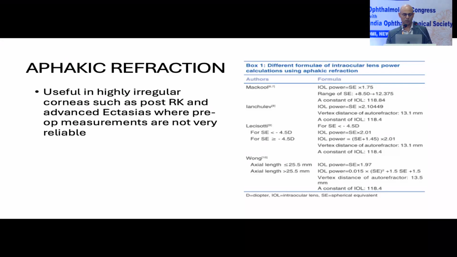Finally, as Dr. Vinita had mentioned earlier, whenever in doubt, do an aphakic refraction, and then you have various formulae which are available for aphakic IOL calculation, and you can use that data to calculate the lens power in cases where you're getting a lot of disparity, or your cornea is very irregular, you're not sure what kind of result you're going to get. You can do intraoperative refraction, or you can do it with a gap of 1 or 2 days and put the lens in.